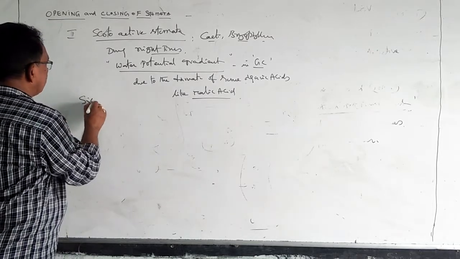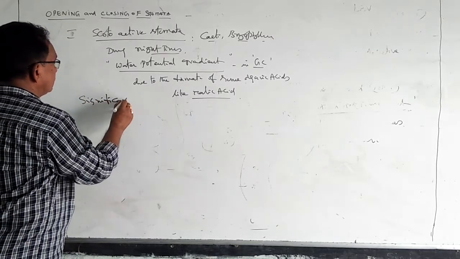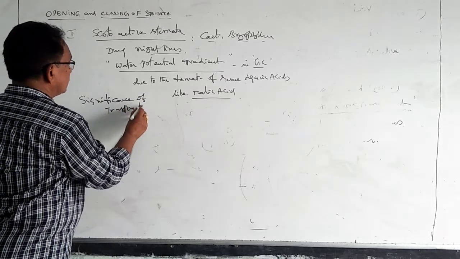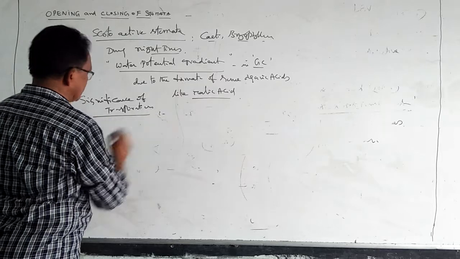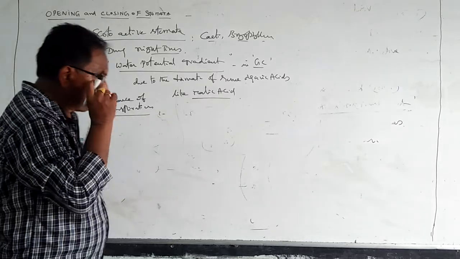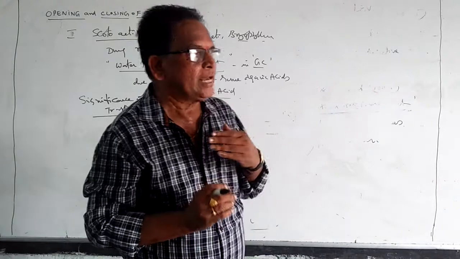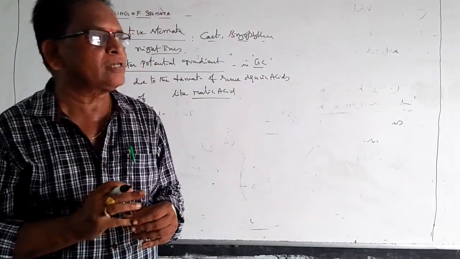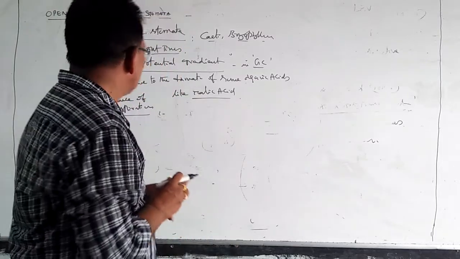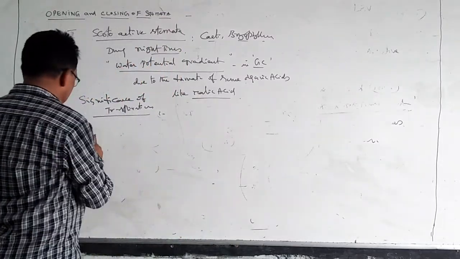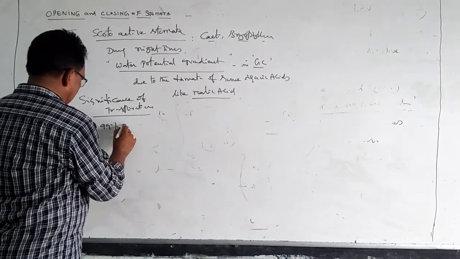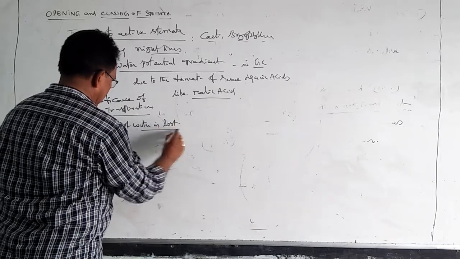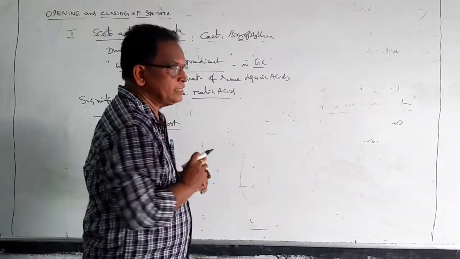Now the next question is the significance of transpiration. As you know, transpiration means expulsion of water in the form of water vapor from the aerial organs of the plant. By this transpiration, 99% of water is lost from the plants.